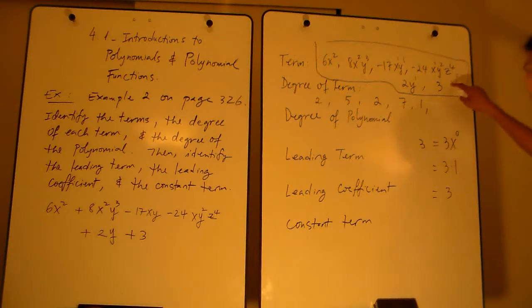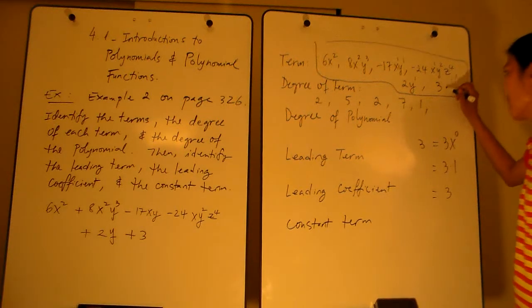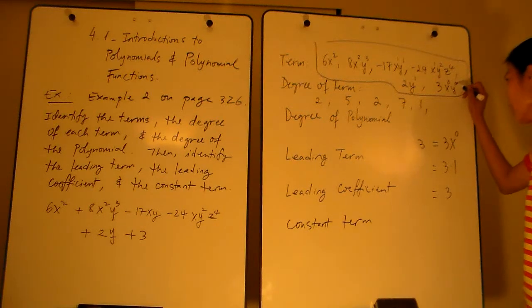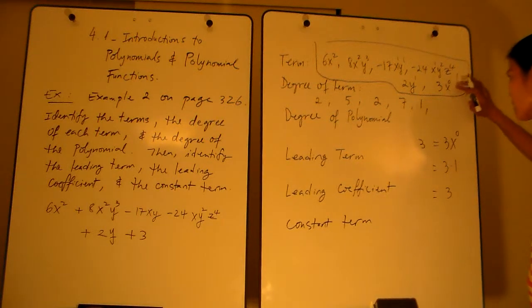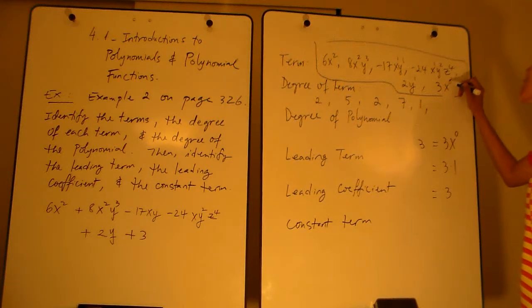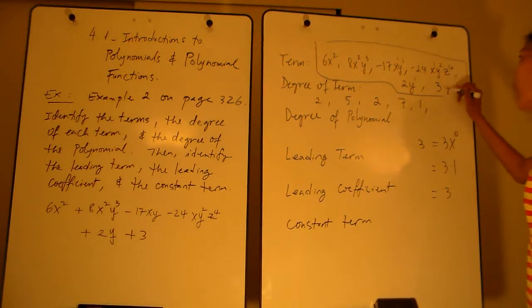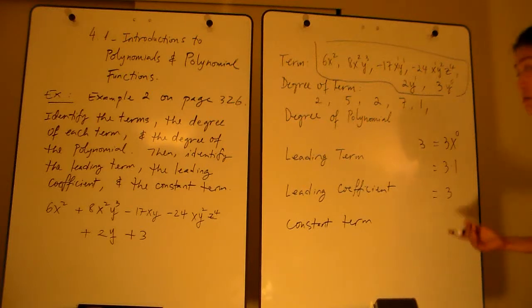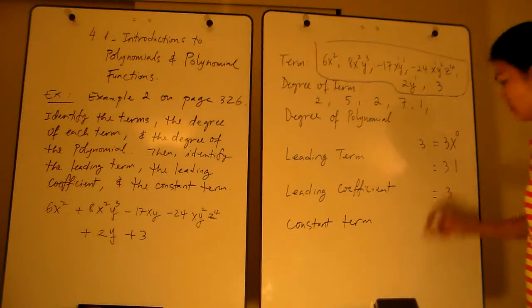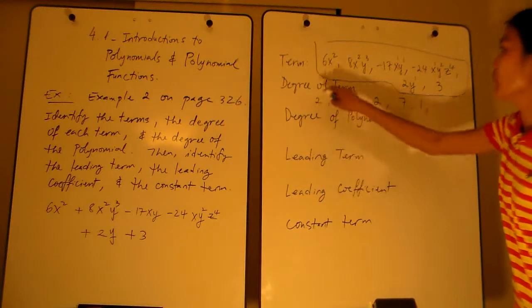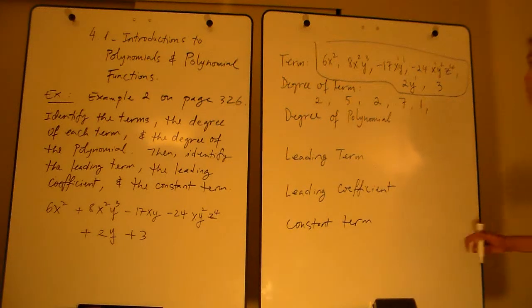So when you don't see a variable on a constant, it can be any variable raised to 0, either one or both, and 0 plus 0 is 0. So the degree of the constant term 3 is 0.